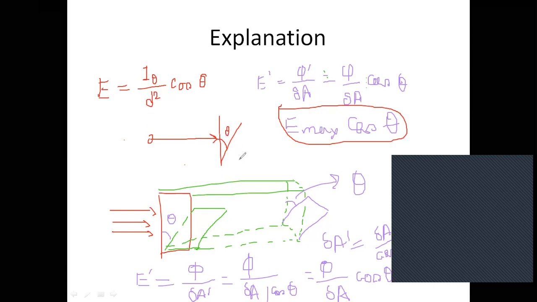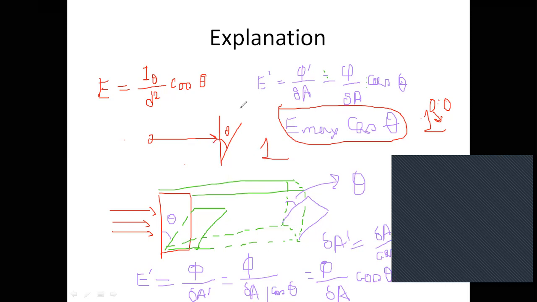But as theta gets more and more, the illuminance becomes less. The maximum is multiplied by the factor of cos theta. If cos theta is 1, fine, but otherwise it is multiplied by a decimal factor, which means the intensity reduces.